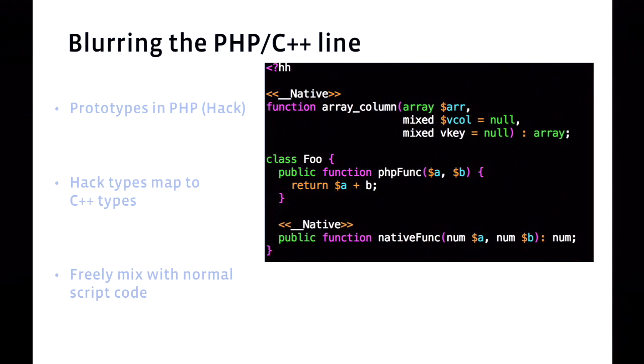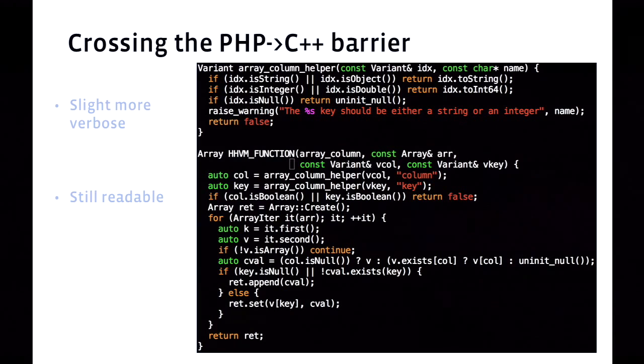It should be accessible from PHP. Here are all of its types that Hack knows about. Here's its return type. It's an array, but it's native, so don't compile an actual body for it. Whenever somebody calls this, go to that C++ implementation, the one we had right back here. And all the types map exactly. You're not asking the stack to parse the parameters for you. They're just input values that go straight to your output.